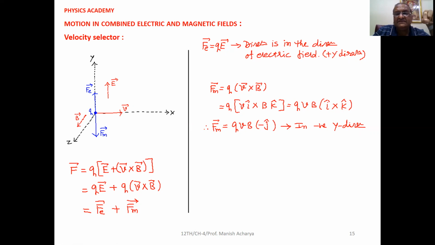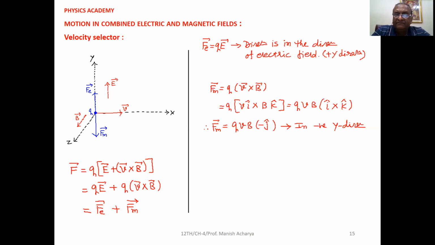It implies that here the magnetic force is in negative y direction. So when the electric field, magnetic field, and the velocity of the charged particle are all mutually perpendicular, the electric force and magnetic force acting on the particle are mutually opposite.